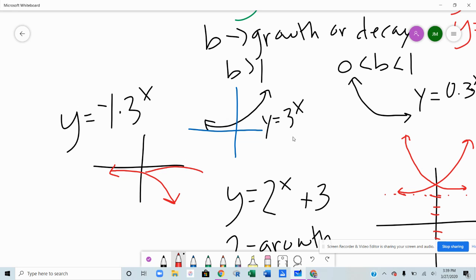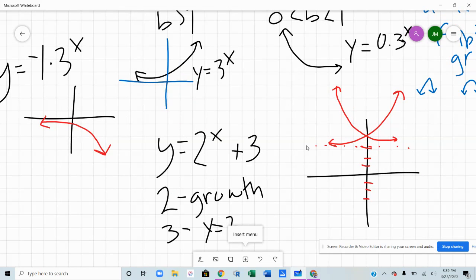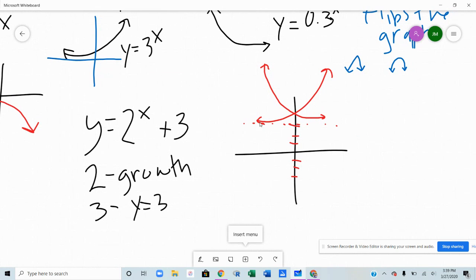Okay, same thing would happen with any of these graphs. If I looked at this one right here, remember was your 2x plus 3. If I made that -1 times, then basically it's going to take this graph right here and flip it upside down.